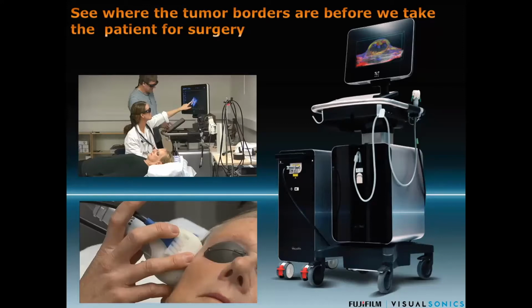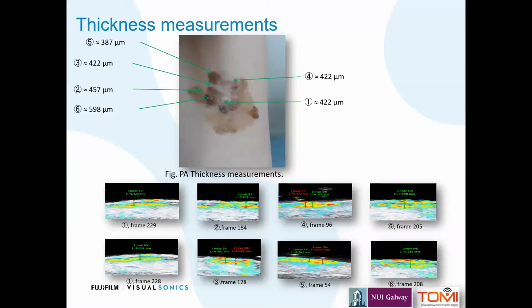Another endogenous contrast is melanin. And melanomas are a very frequent tumor, as we all know. There's a picture taken from a patient at the University of Galway, Ireland. The melanoma photography, but also looking with photoacoustics and the ultrasound in addition to it into where is the melanin.